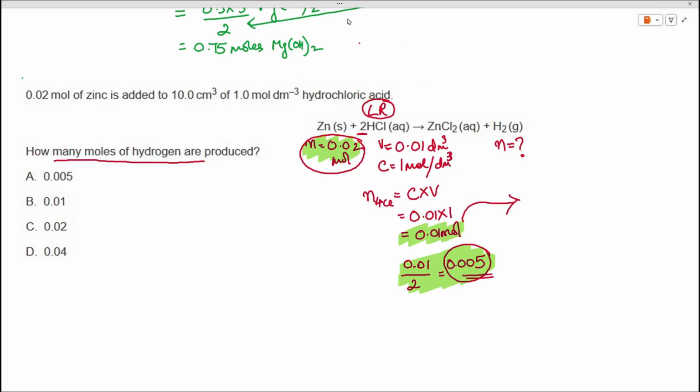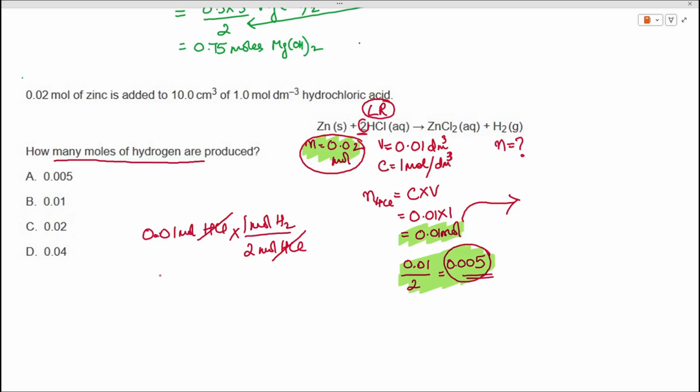So what we are going to do is we'll say we've been given 0.01 moles of HCl, and because we need to get rid of the moles of HCl, we would say 2 moles of HCl produces 1 mole of hydrogen, and these HCl moles get cancelled.